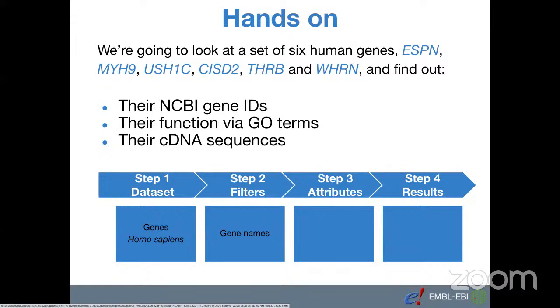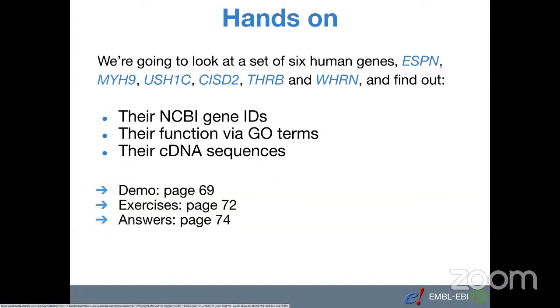So our filters would be gene names. And then our attributes, these are the things that we want in our output, would be our NCBI IDs, the gene ontology terms, and cDNA sequence. We will also include gene names here, just so that our output matches our input. And then the final step is to view and export our results.